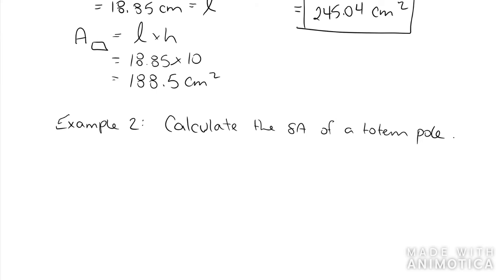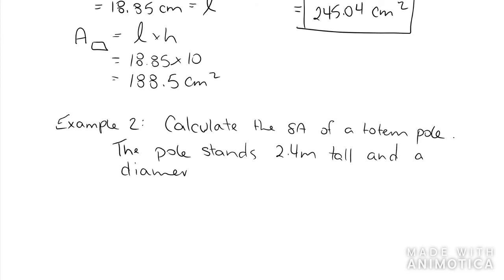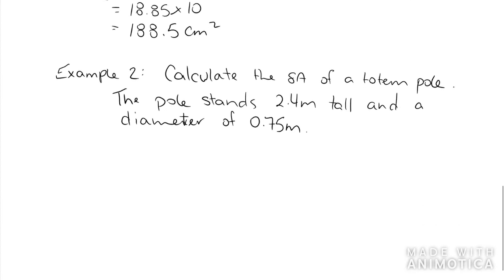The pole stands at 2.4 meters tall and has a diameter of 0.75 meters. And I want the answer to the nearest hundredth, so 2 decimal places.